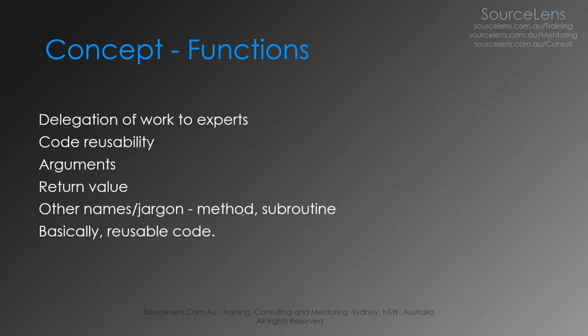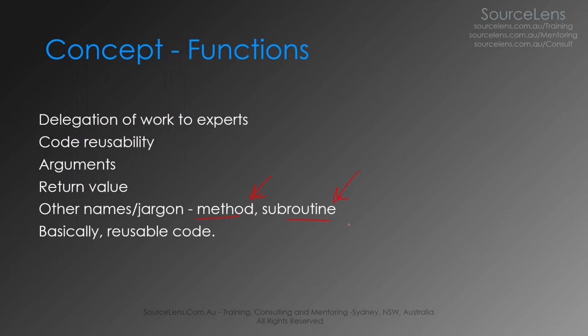Now there are some other names or jargons used for functions. One is method. You may hear this particular name for a function, especially if the context is a class, which we will learn later. Normally the functions are called methods, but they are one and the same thing at the end of the day. Another less used name for a function is subroutine or just routine.